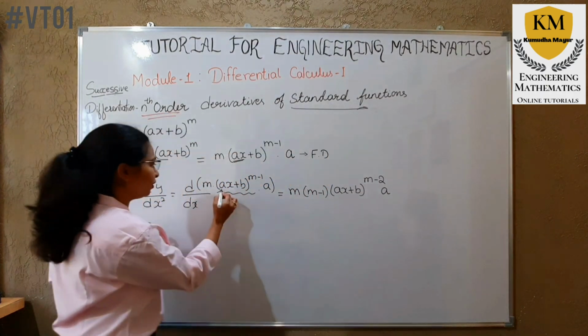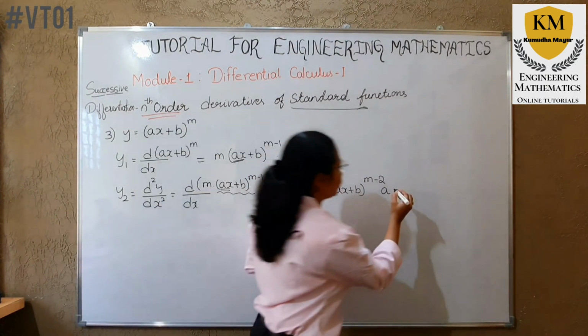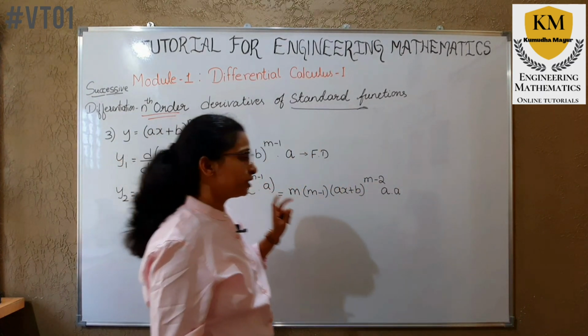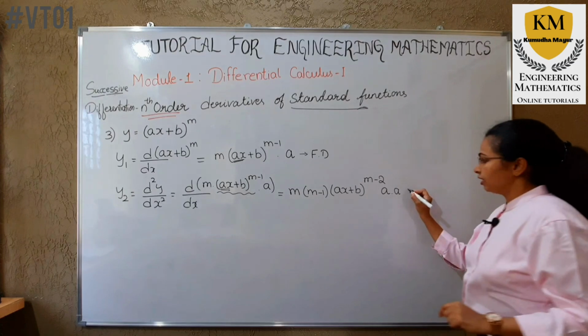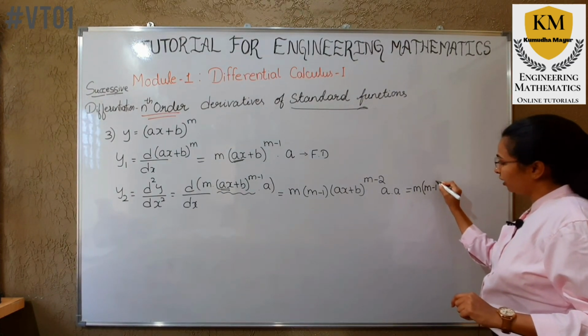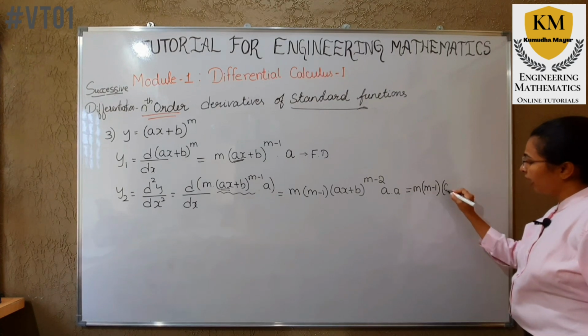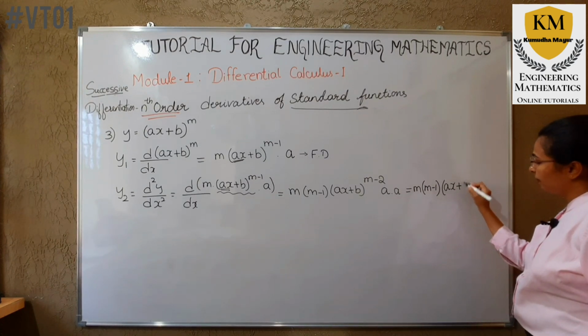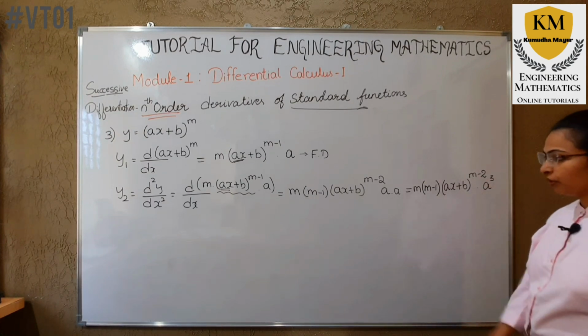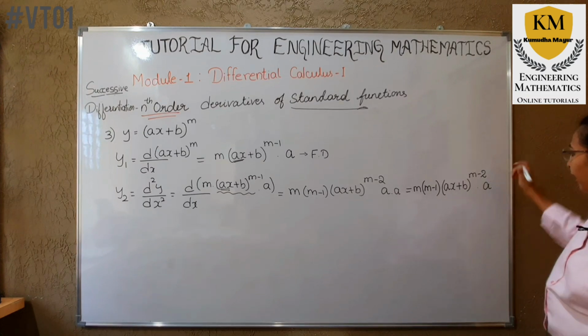You can observe here ax. When you differentiate that, once again you will get a. So let me simplify and write this. This gives you m into m minus 1 into (ax plus b) whole to the power m minus 2 into a square.